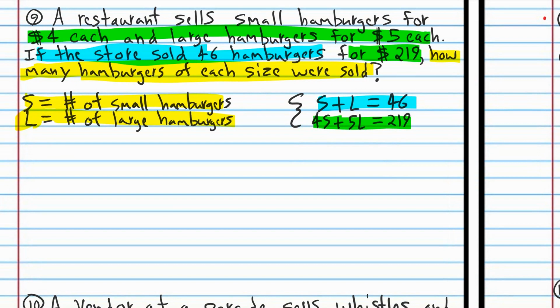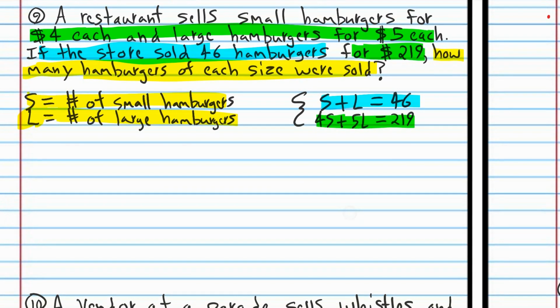So you can eliminate s or you can eliminate l. You're going to get the same answer no matter which one you eliminate. I'm going to eliminate s, so I'm going to multiply the top equation by -4. And I'm using distribution there. I'm just not showing it. So 4 times 46 is equal to 184.